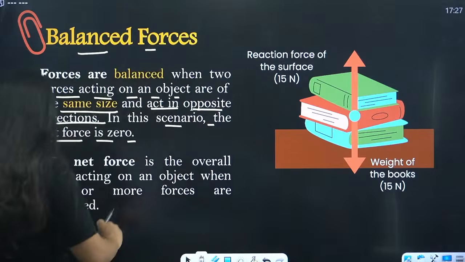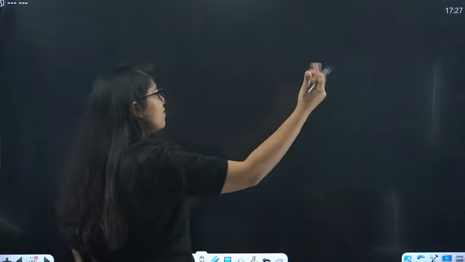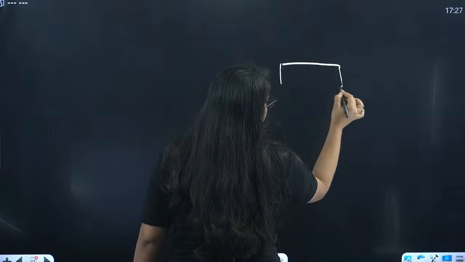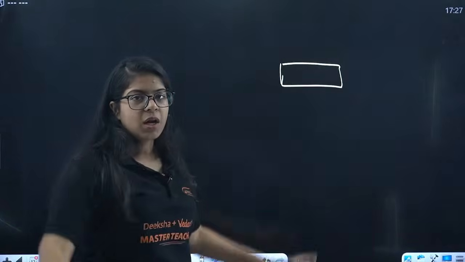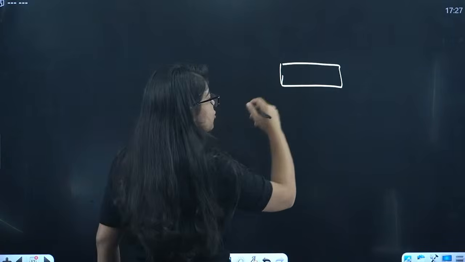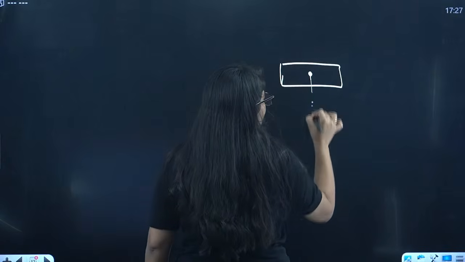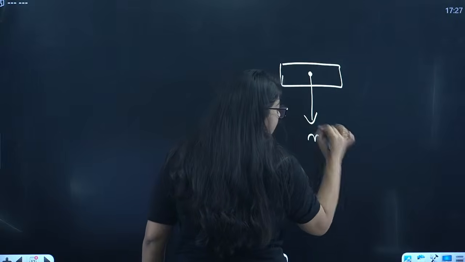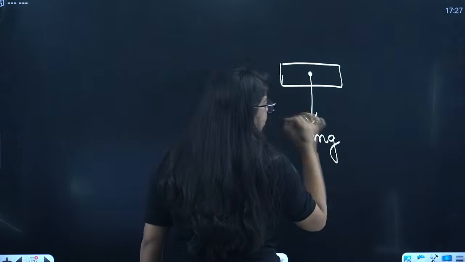Now here you can learn a very good concept. You must have learned that anything that exists on this whole earth is pulled towards the center of the earth. That is your gravitational force, and it is equal to the mass of that body times acceleration due to gravity.